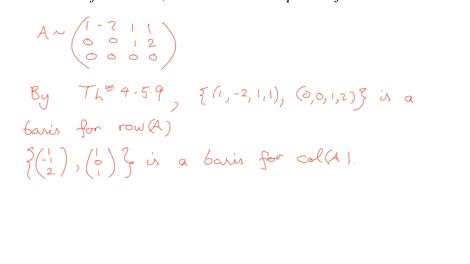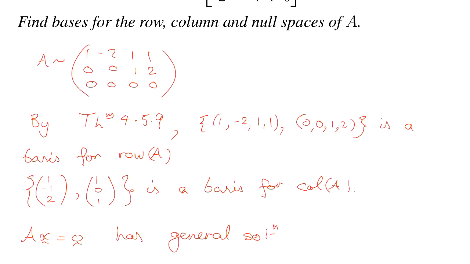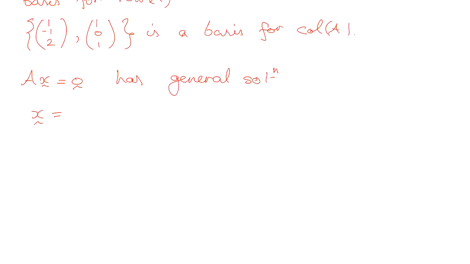And now we just need to think about the null space. So we just find the general solution, right? So it's a really first year sort of problem. Just look at the homogeneous equation, find the general solution. You do that just by back substitution. So again, just like the last example, the free variables are x2 and x4. No particular reason why that happened to be the case in both examples, except that I'm not very imaginative, I suppose, but it could be anything.